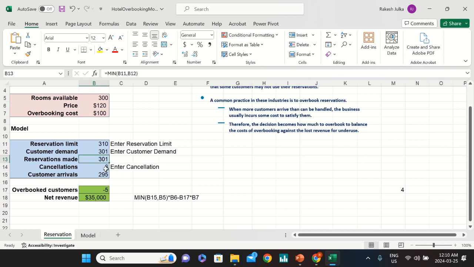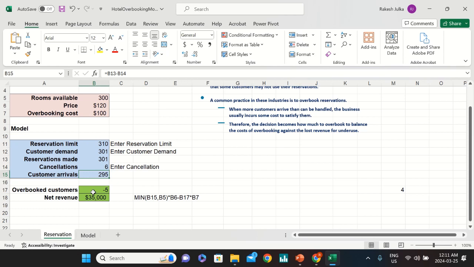If the cancellation is 6, then 301 minus 6 is 295. So 295 customers arrived. Overbooked? No, actually this was underbooked. So there will not be any cost charged here, and the net revenue will be $35,000.